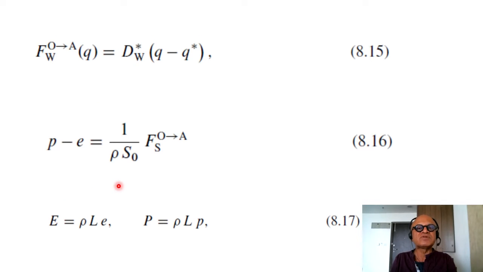Of course, the problem is we have to also balance water mass, or volume, depending on what approximation you are using in these things. So flux of water from the ocean to atmosphere in terms of humidity is again a coefficient D star w times q minus q star, where q star is the specified humidity and q is the transient.